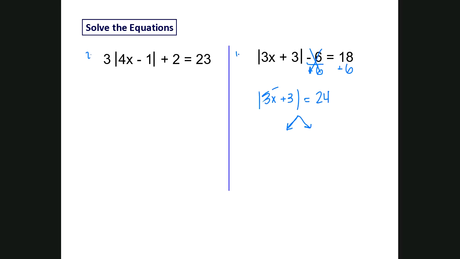Or I could have the absolute value of 3x plus 3 equal negative 24, because the absolute value of negative 24 is also 24. So that's where my two equations come from. So I have 3x plus 3 equals positive 24, and I have 3x plus 3 equals negative 24.